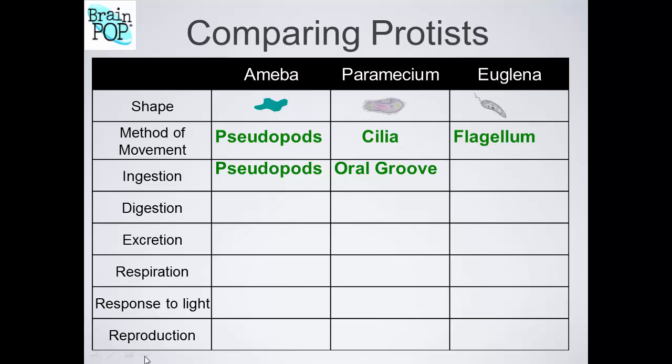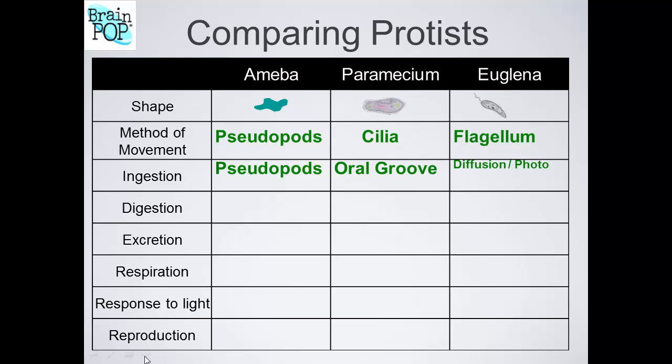Now, how about euglena? Sophia? They have chloroplasts, so they can do photosynthesis, and also food molecules can diffuse into them when they can't make their own food. Remember, they can be autotrophs or heterotrophs. So either food diffuses into them or they go through the process of photosynthesis.